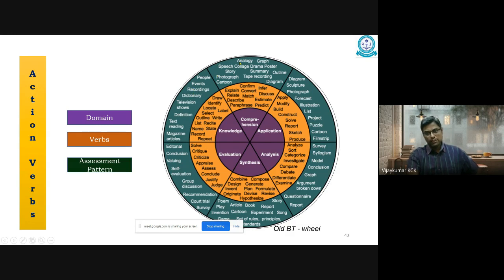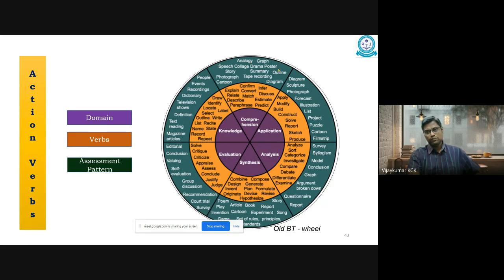And similarly, the other cognitive skills, that is comprehension, in the sense of understand level, this is an action verb for that level. For example, if you want to assess the student's understanding, we can ask them to give a graph or an outline or a diagrammatic representation of whatever they learned.